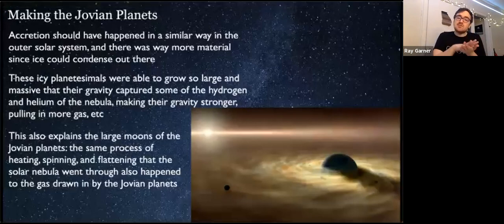And in those little mini solar nebulas, material would condense out of those and go on to form the big, large spherical moons of the outer solar system. So that's how we get the moons following the same patterns that the overall nebula, the overall solar system, follows. Very cool.